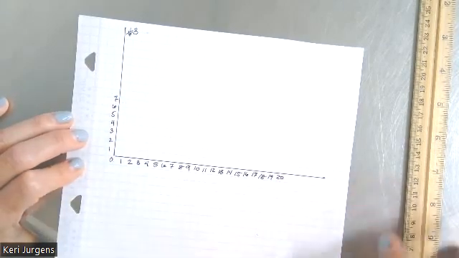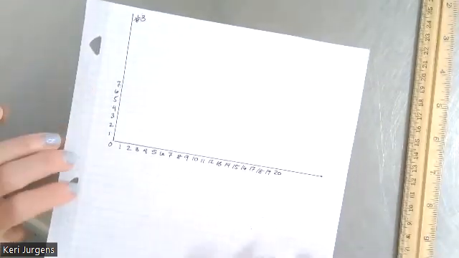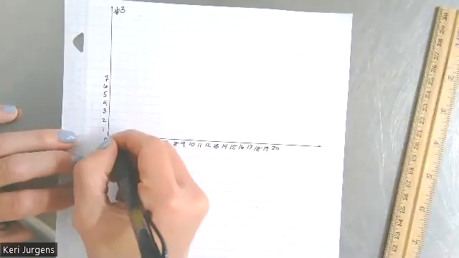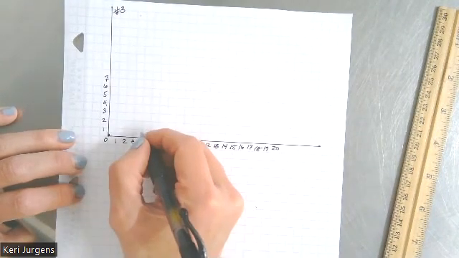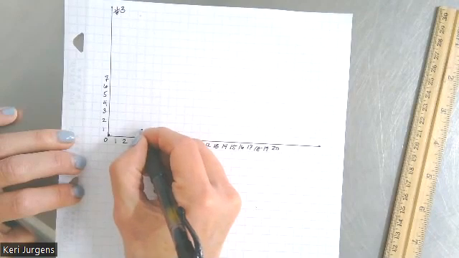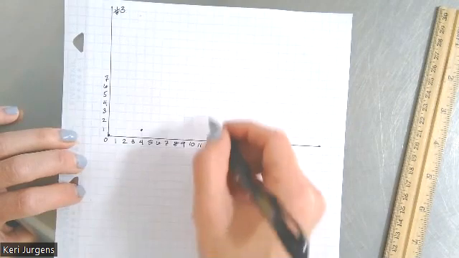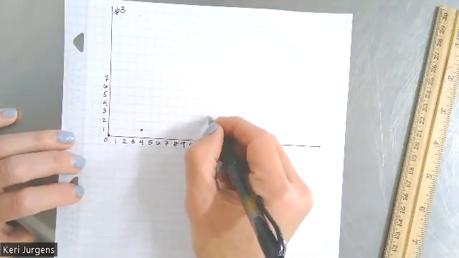Okay, for this function, you only need to number to 7 for the y-axis. There is a point at the origin, 0, 0. There is a point at x equals 4, y equals 1. And there is a point at x equals 12 and y equals 3.